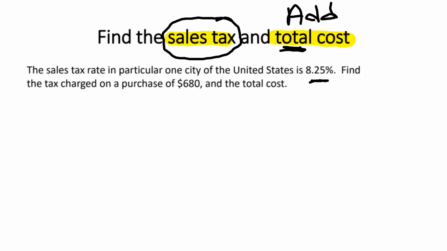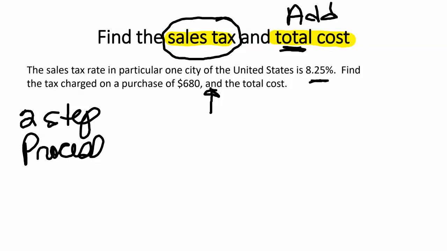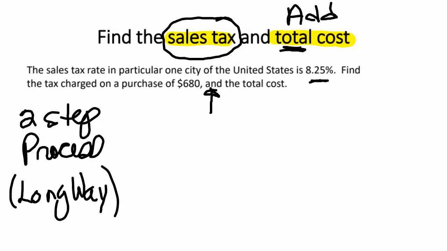Now, find the tax charged, and see that little word "and"? This is a two-step process because I have two answers. This is the long way that you've been working up till now. We are going to take 8.25% and make it a decimal.